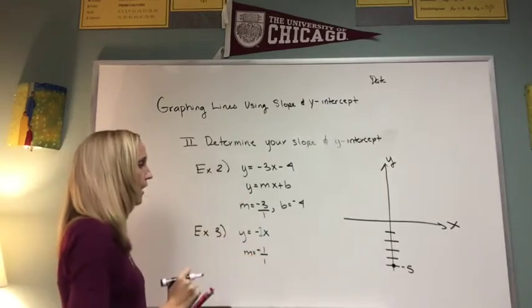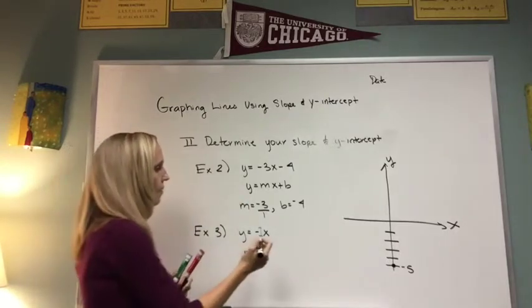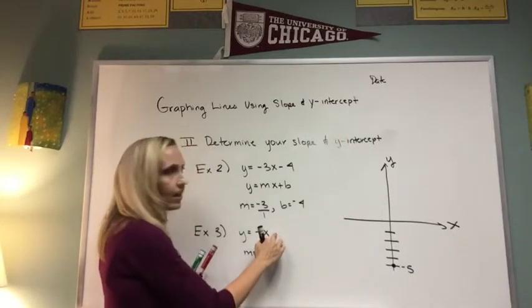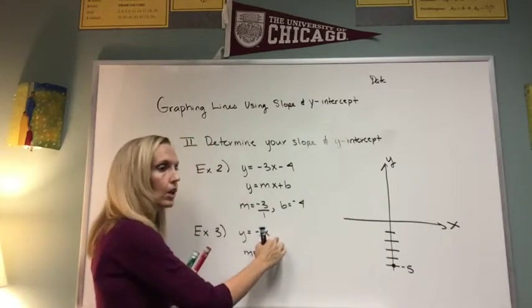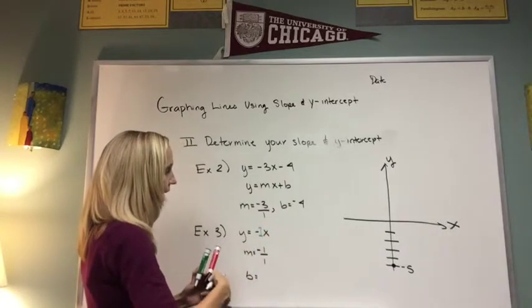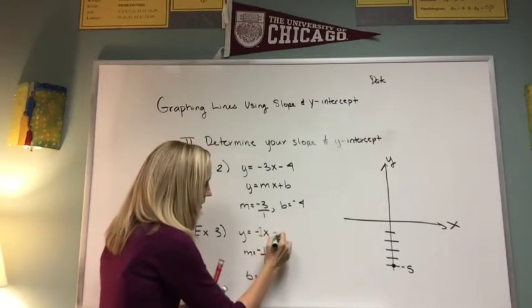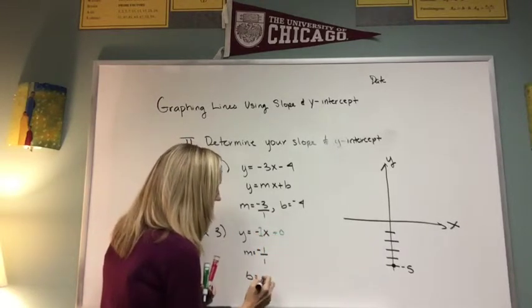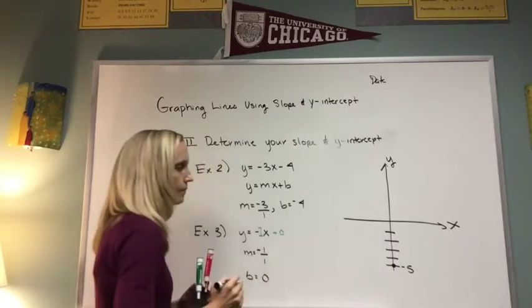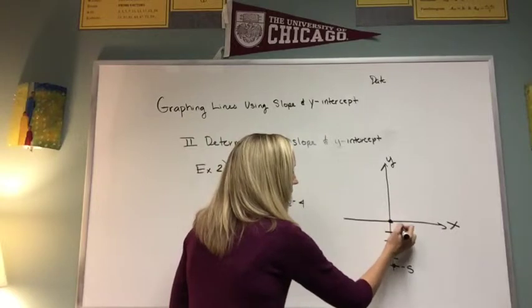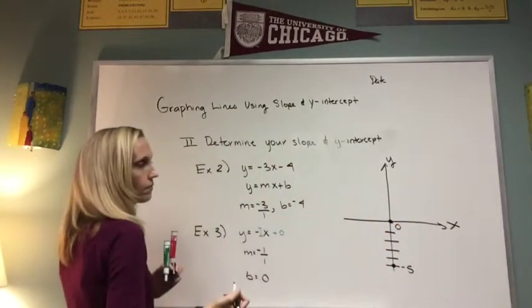Always have your slope in fractional form. And my b here, well, there's nothing here. Literally, there's an invisible 0 that's been added to it. So my y-intercept is 0. Does that make sense? So we actually have our y-intercept of 0 over here.